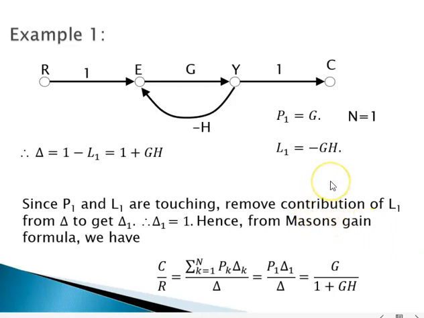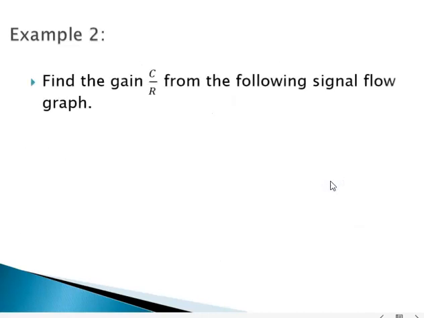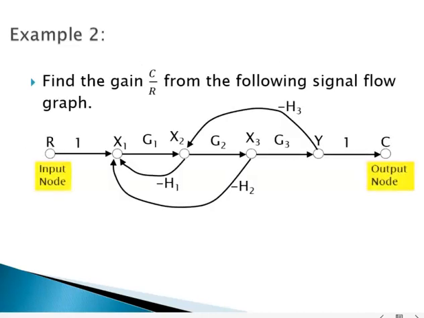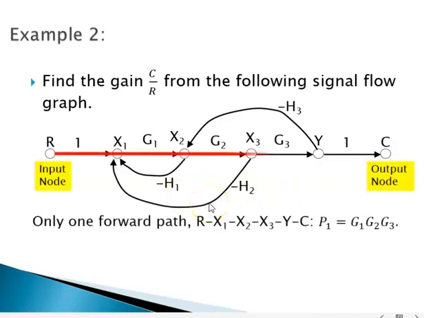We will see one more example on using this Mason's gain formula through this example. This is the signal flow graph given. And you can see that again in this case there is only one forward path going from R to C. You can go in only one way.